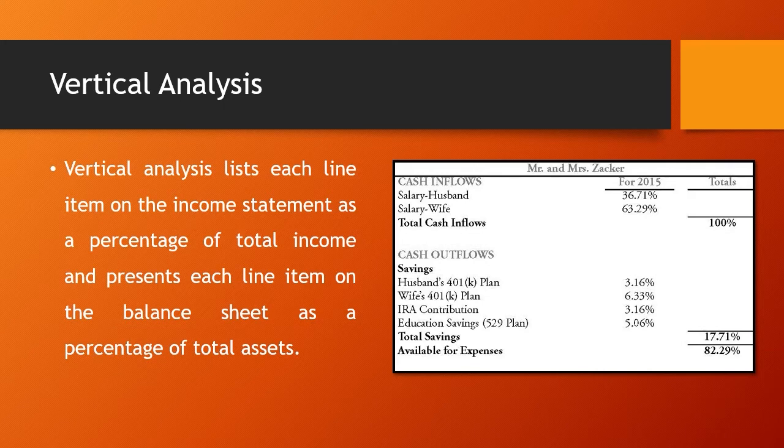You see savings as a percentage of what? As a percentage of their income. So they're saving 3% of their income towards Mr. Zacker's 401k, 6% towards Mrs. Zacker's 401k, 3% towards an IRA, 5% towards this education plan. In total, their savings is 17.71% of their income. This is primarily why they've done it, for this figure.